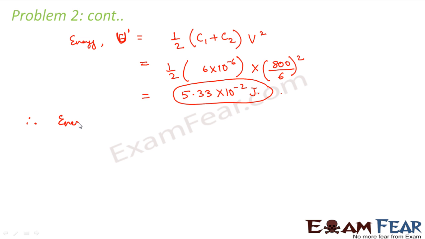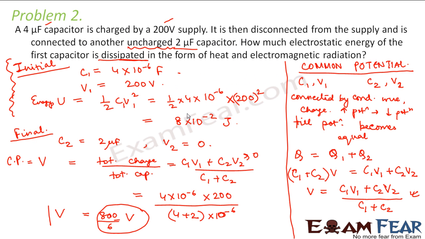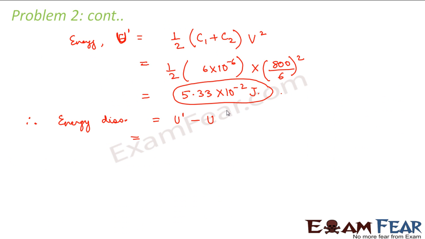Therefore, the energy dissipated is equal to U dash minus U. That is equal to, if you look at it, earlier what was the energy stored? It was 8 into 10 to the power minus 2. And then later, what is the energy? That is 5.33 into 10 to the power minus 2. So the initial energy was more.